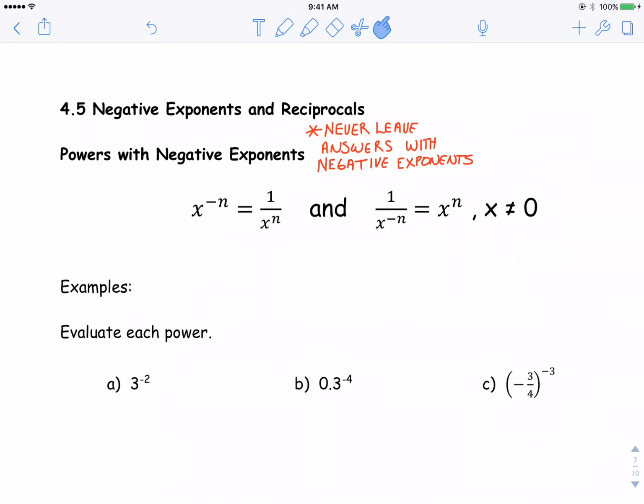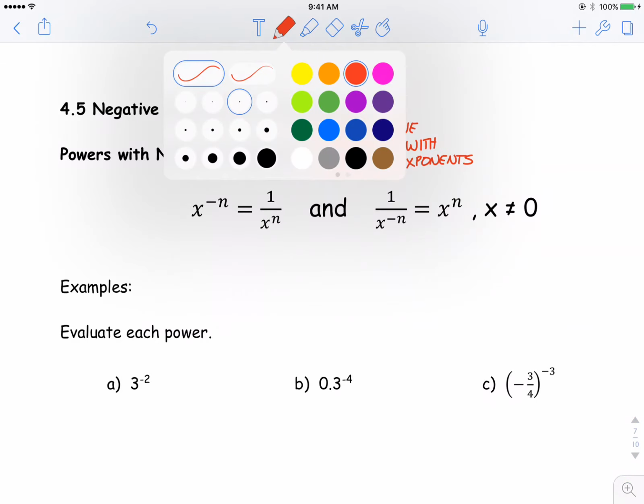So in section 4.5 here, we look at negative exponents and the reciprocals. And the rule that I always try and remember is basically as follows.